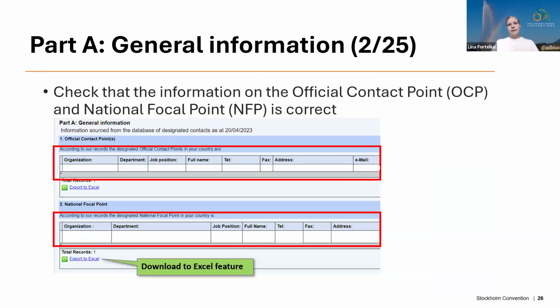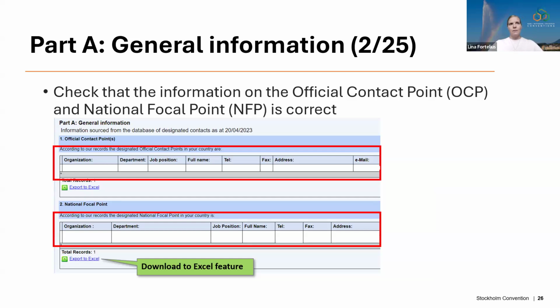And in this section, you enter contact information on the official contact points and national focal points to the convention in your country. But since the 5th reporting cycle, the Secretariat is pre-filling data from the Secretariat database.